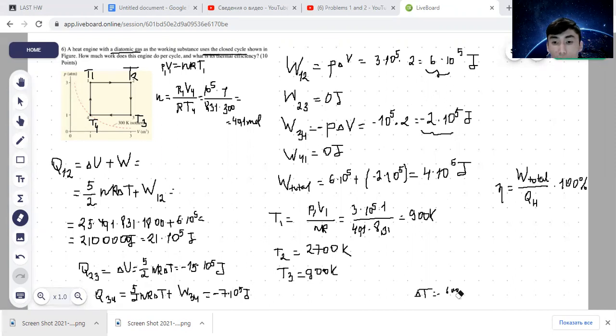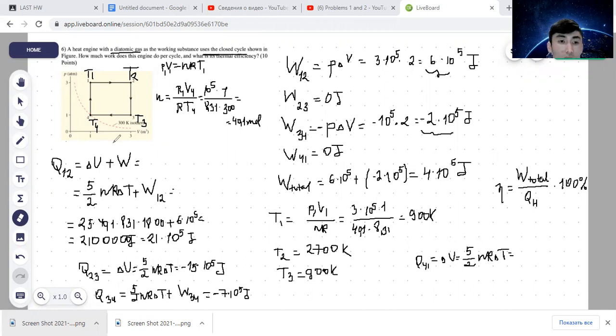And the last process is Q 4 and 1. 4 and 1 is similar to this, 2 and 3. Delta U equals 5 over 2 NR delta T. N is given, R is given, delta T is also given.